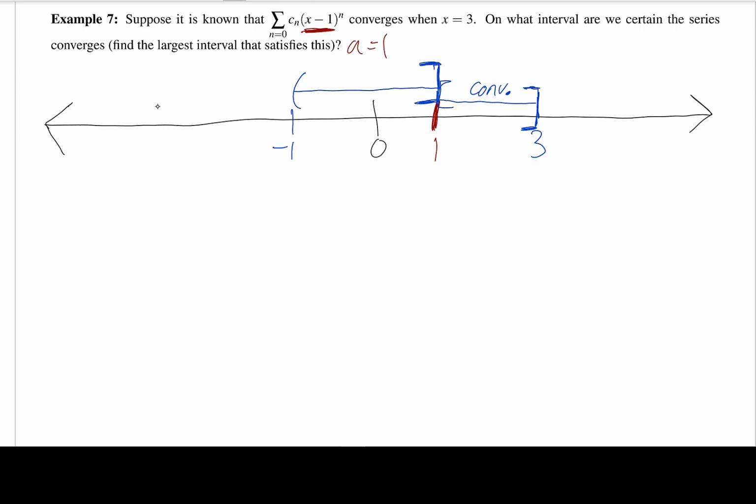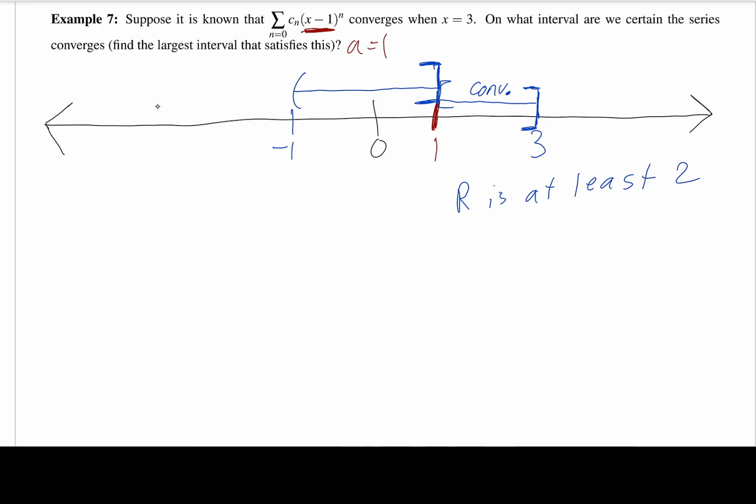Right? When I'm told that this series converges when x equals 3, then I figured out that R is at least 2 by doing 3 minus 1. Right? Figuring out what is the distance from this point where it converges to the center of our series.